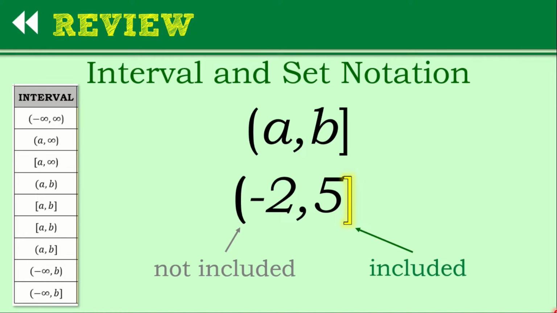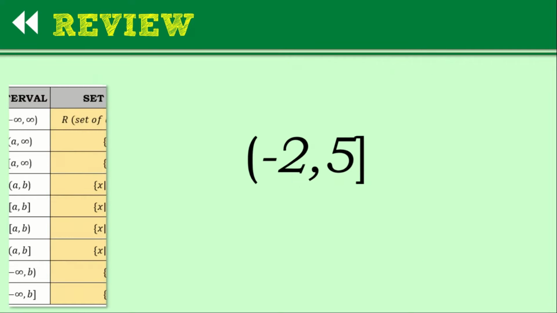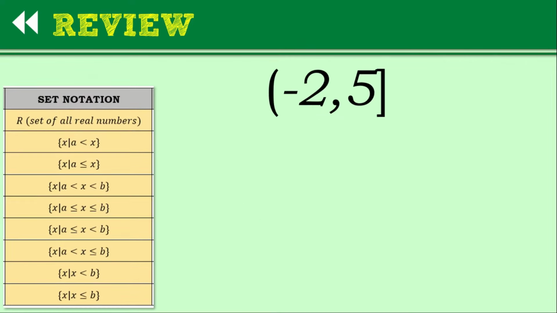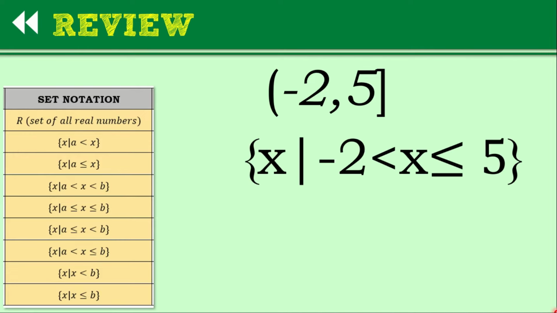Now, for that interval notation, how do we translate that into a set notation? Set notations are like this. Focusing on this interval notation, how do we change this into a set notation? It would look like this. Now, how do we read this one?